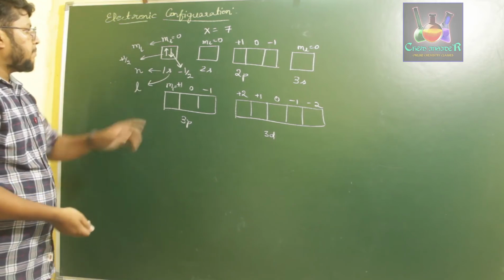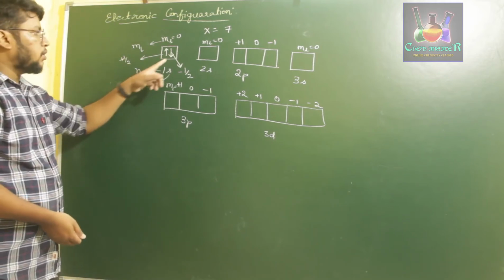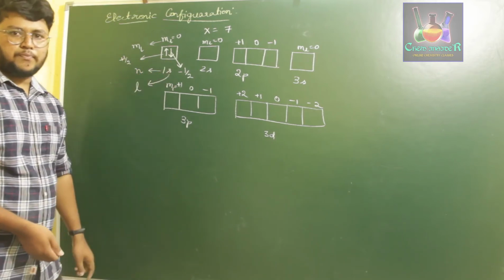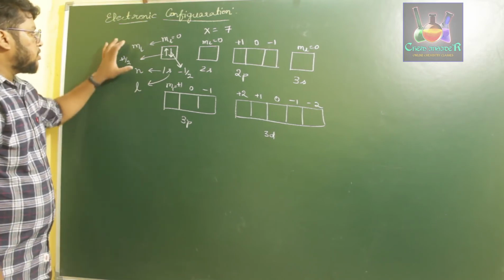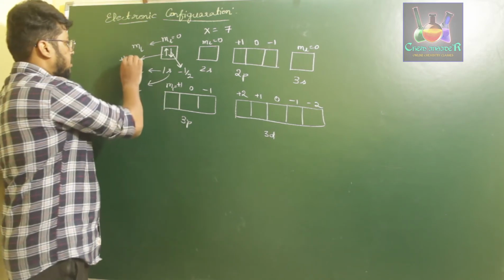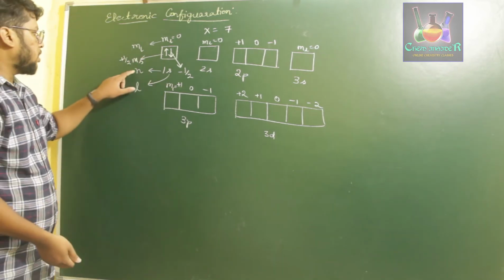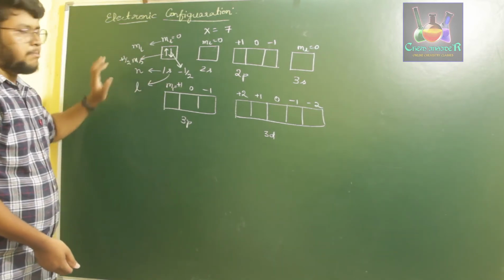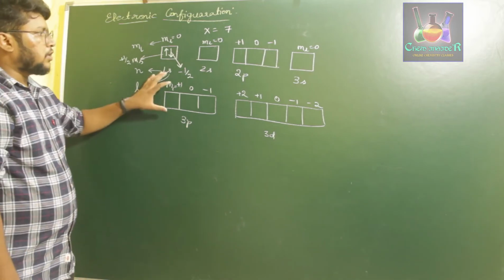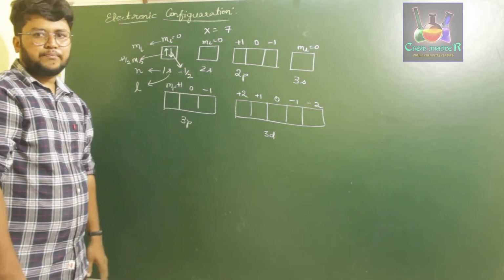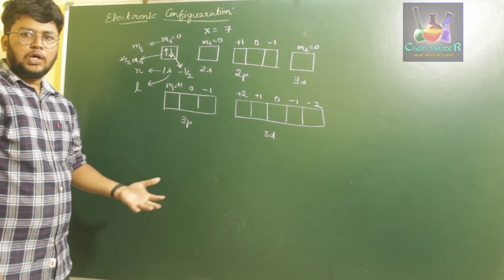So this is ms. Clearly we are using all the 4 quantum numbers: n, l, ml, ms. If you write the electronic configuration in this manner, you are using all the 4 quantum numbers.